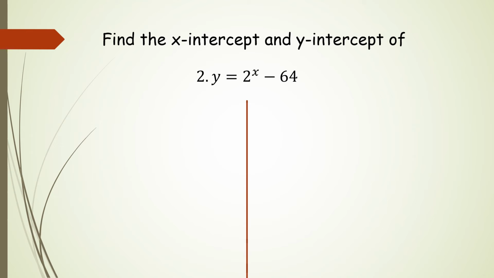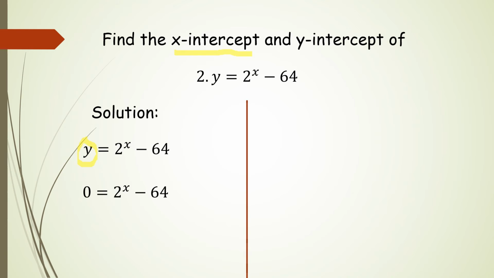Using the same given, let's find the x-intercept. To find the x-intercept, again, we let y equal 0. So we have 0 is equal to 2 raised to x minus 64. Move the 64 to the other side. We have 64 is equal to 2 raised to x.